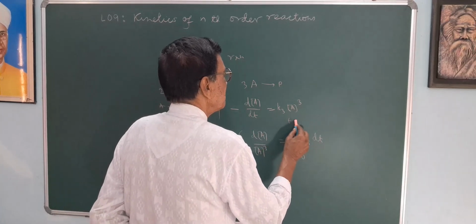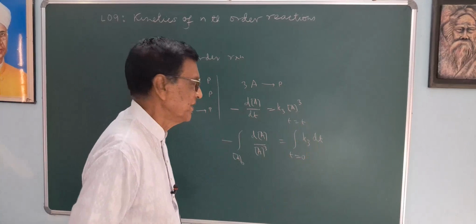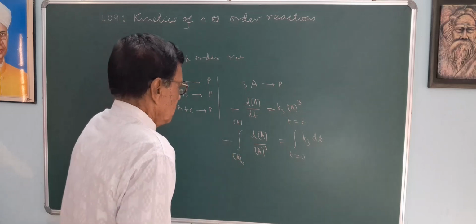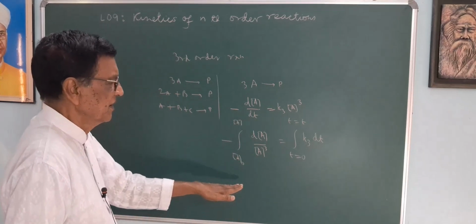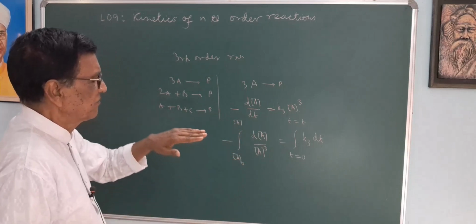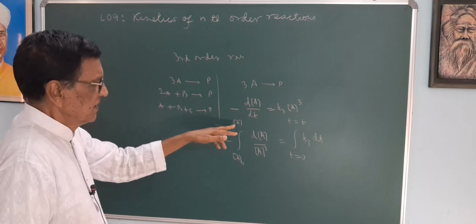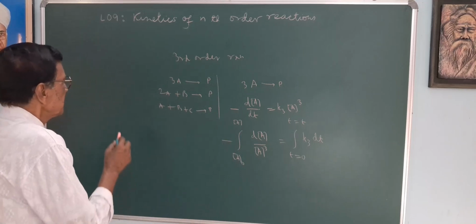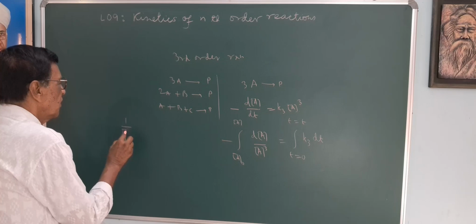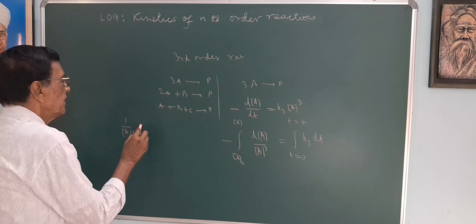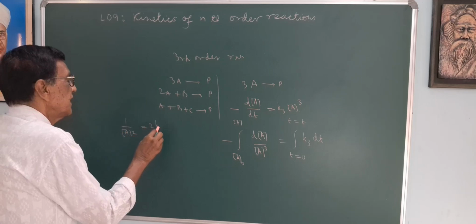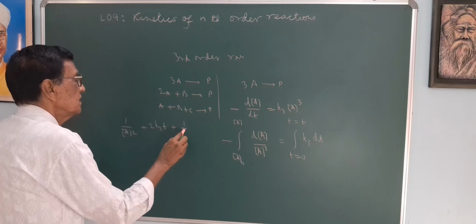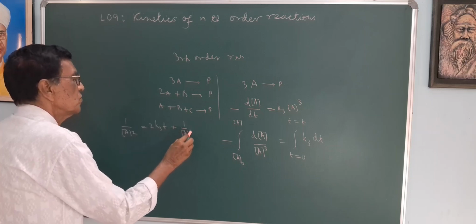When t equal to t, after the lapse of time t, it is the concentration [A]. Integrating and inserting the limits, we have 1 by [A] squared equal to twice K3 t plus 1 by [A0] squared.